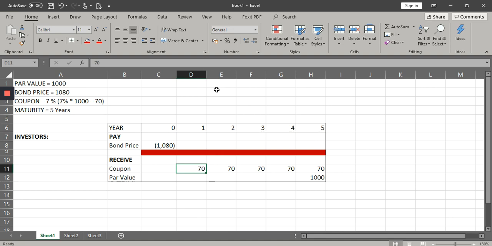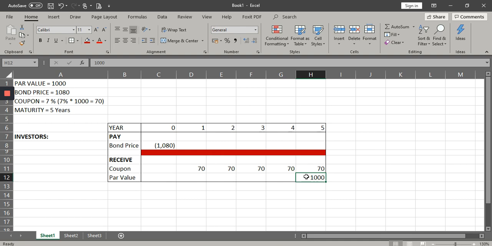Coupon means real interest, which they will earn until the end of the maturity. Therefore, each year they'll get 70, 70, 70, and 70. At the end of the maturity, they will get back the par value, which is 1,000.